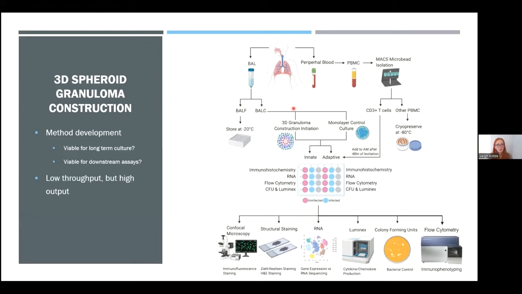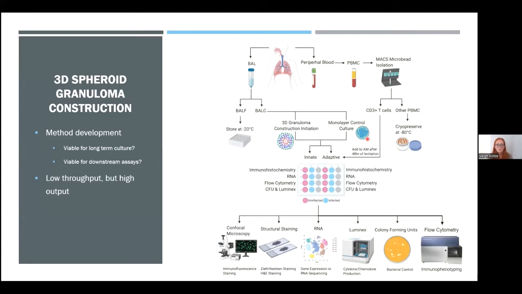So the alveolar macrophages were used to construct the core of the granuloma, while the T-cells were used to construct the cuff. And for each granuloma, we included exact monolayer controls in that they had the same ratio and composition of cells, except for the structural and spatial organization.